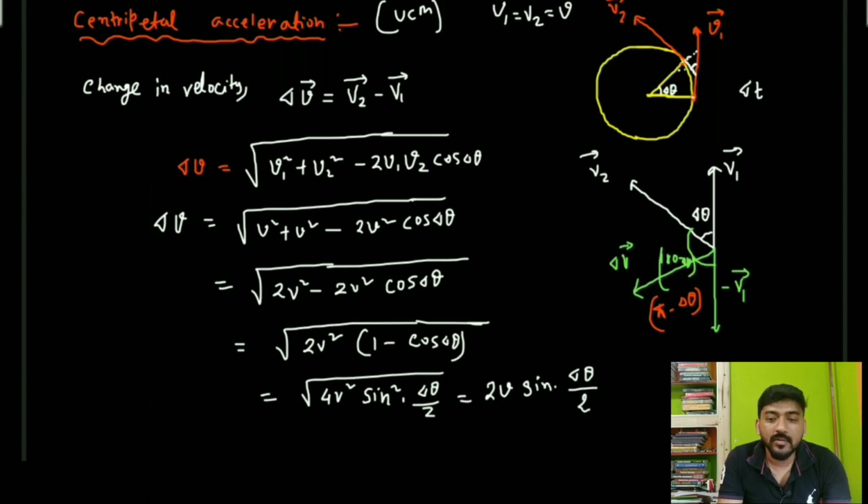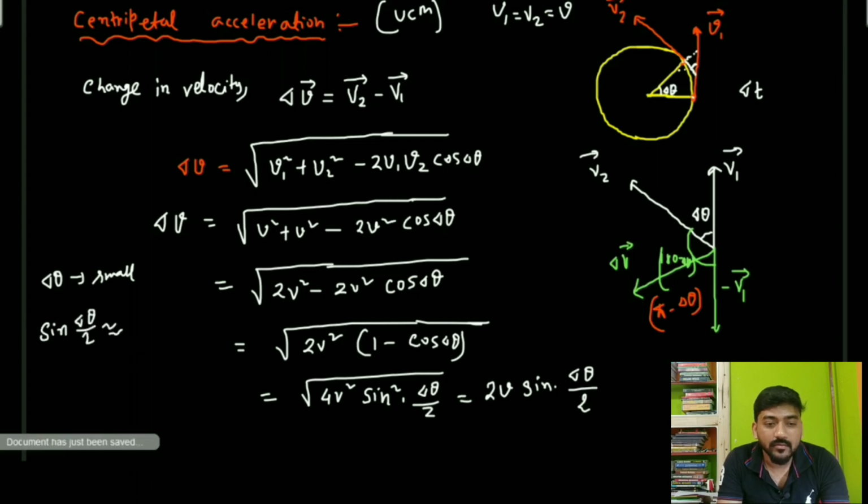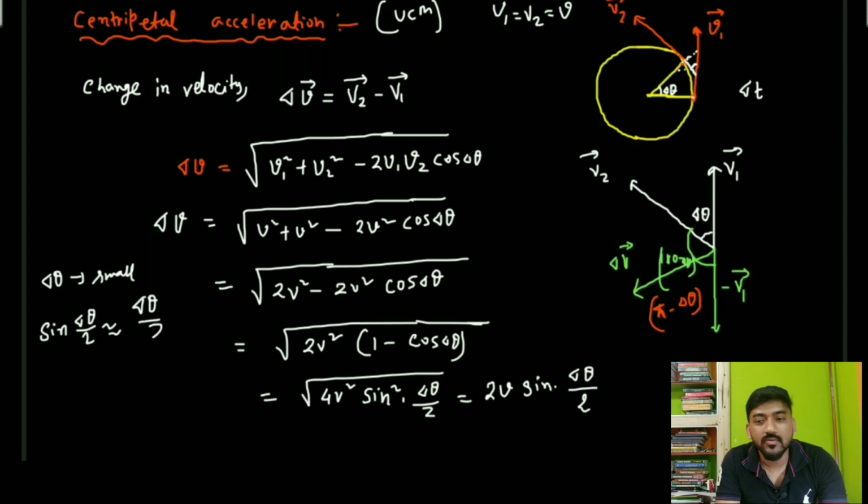Now if delta theta is small, then sin delta theta by 2 will be approximately equal to delta theta by 2.